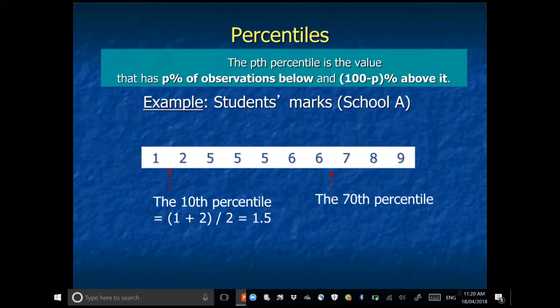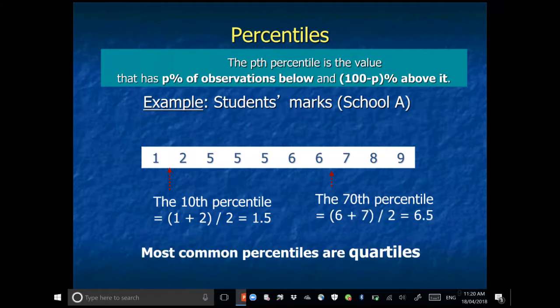You can see the 10th percentile or the 70th percentile in this distribution of marks in a particular school is indicated here. Okay, the most common percentiles have some names, and they're called quartiles. For example, the 25th percentile is called the first quartile for obvious reasons.